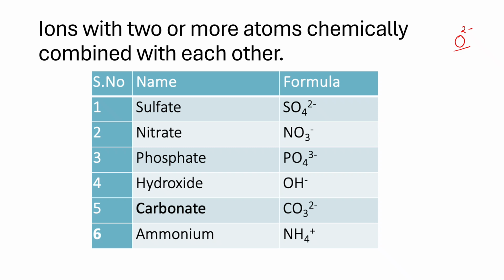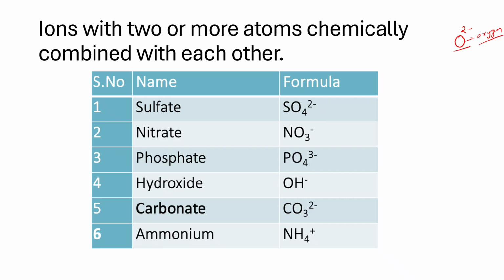As you can see in this case, it is just oxygen. But there are ions which are made up of two or more atoms of different elements. Such ions are called polyatomic ions.